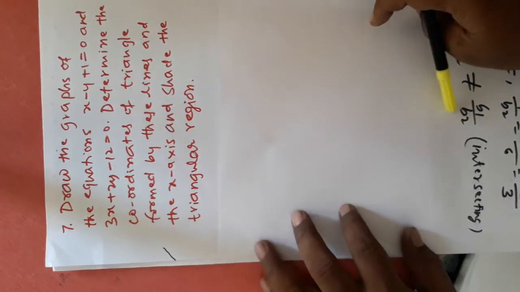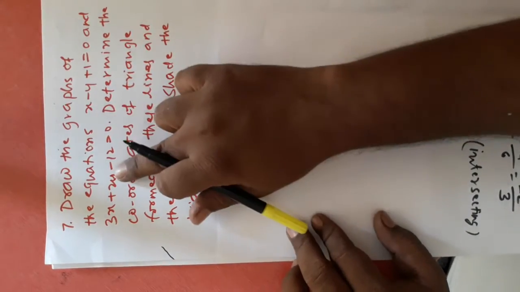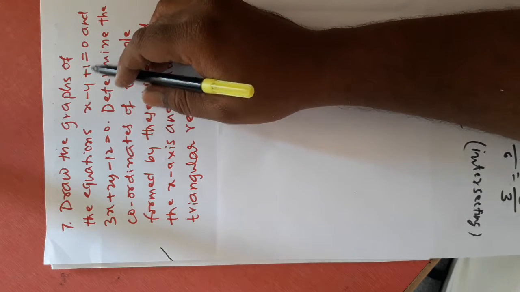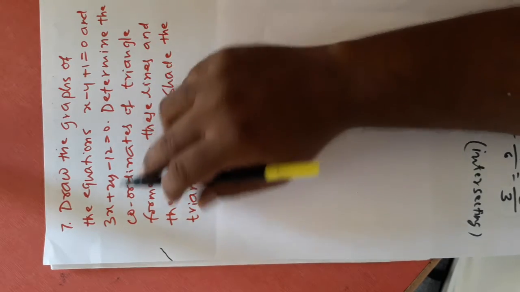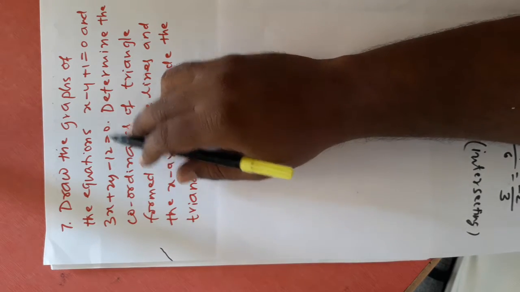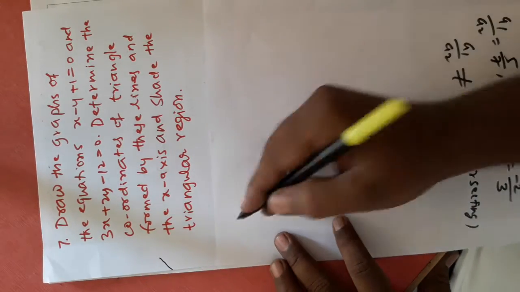You see, draw the graphs of the equations x minus y plus 1 is equal to 0 and 3x plus 2y is equal to 12. You can write the equations like this.